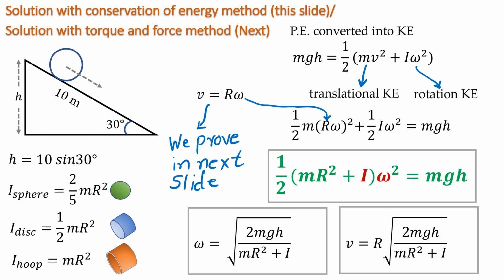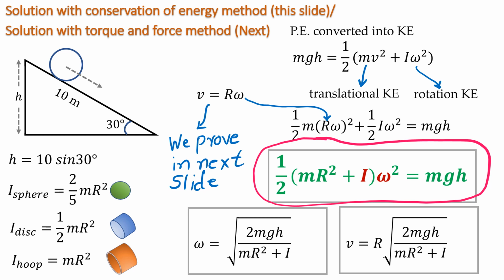We have got our answer to calculate the translational velocity. But let me focus on this colored equation. It's a beautiful equation. As you can recognize, each term is from translational kinetic energy, rotational kinetic energy, or potential energy.